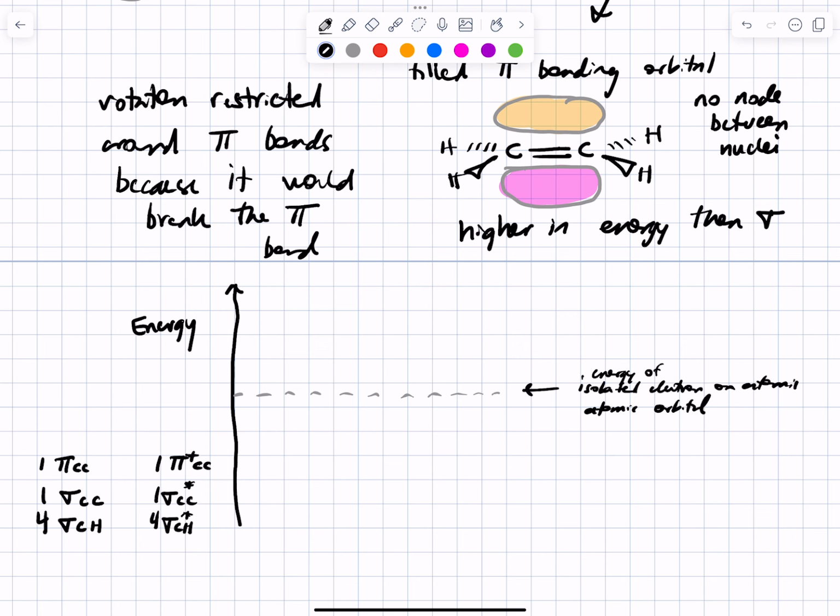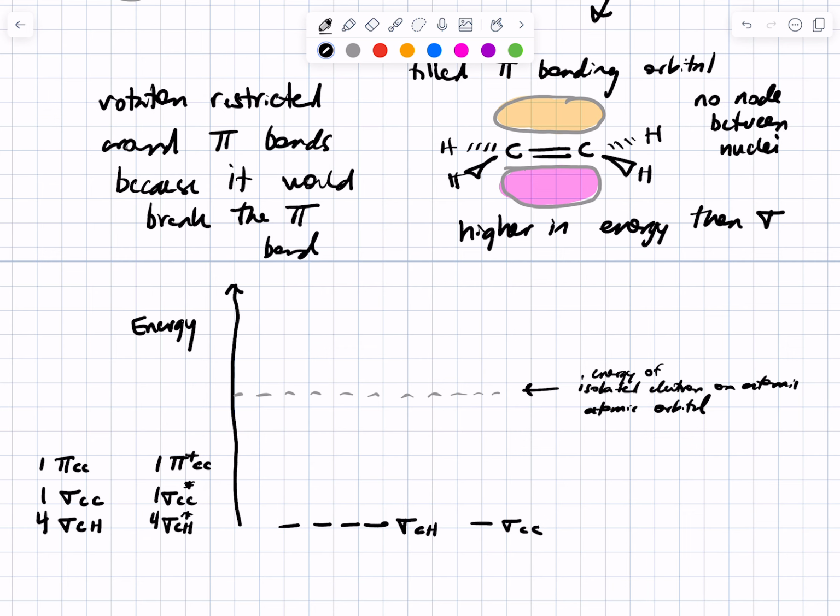So the sigma bonding orbitals, I'm not sure whether to tell you that the carbon-hydrogen bond is higher or lower in energy than the carbon-carbon sigma bond. They are different, but it turns out the distinction is small enough as to not matter at all in this class. So I'm going to say there are 4 carbon-hydrogen sigma bonding orbitals and a carbon-carbon sigma bonding orbital here. Their energies are not the same, but we don't care.